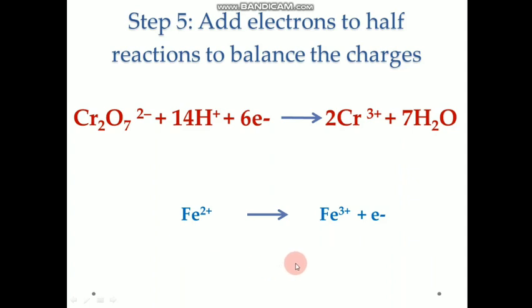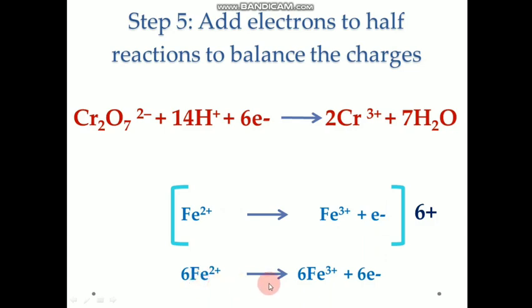Now we have one more problem. In the reduction part, we have 6 electrons, and in this one, we have just 1 electron. So we need to balance this also. For that, we multiply the whole equation by 6. So 6 times the whole equation becomes 6 Fe2+ gives 6 Fe3+ plus 6 electrons.